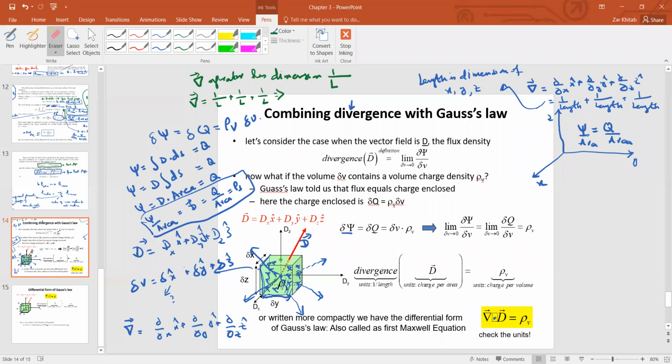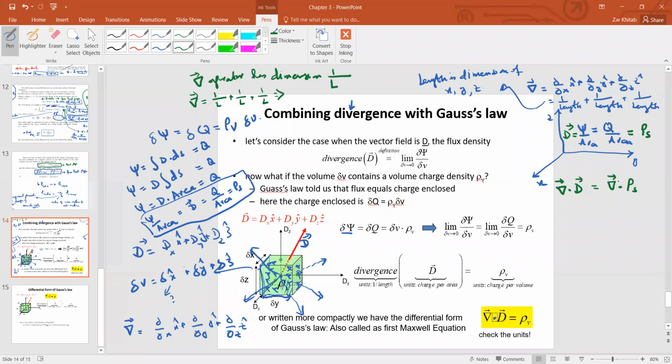Now see, this psi divided by area is equal to rho s. And rho s equals D. So if you apply divergence on D, it's like you are applying divergence on rho s.